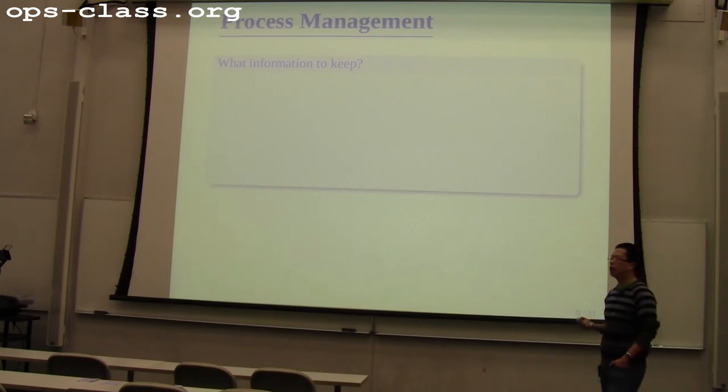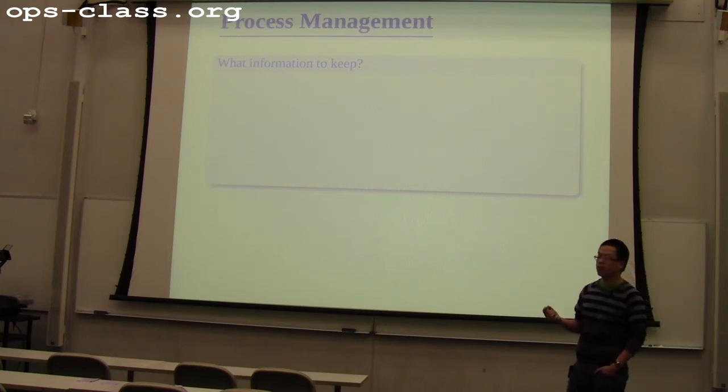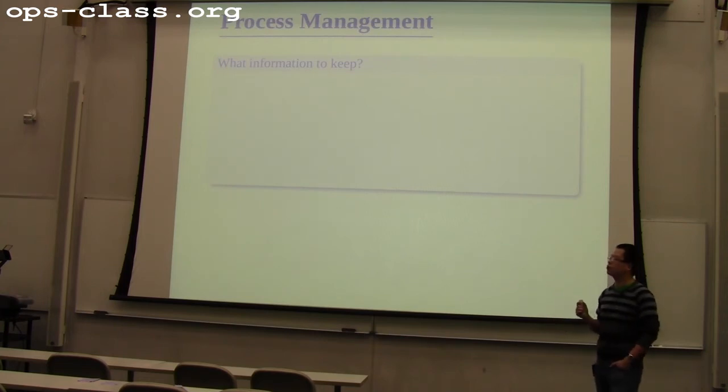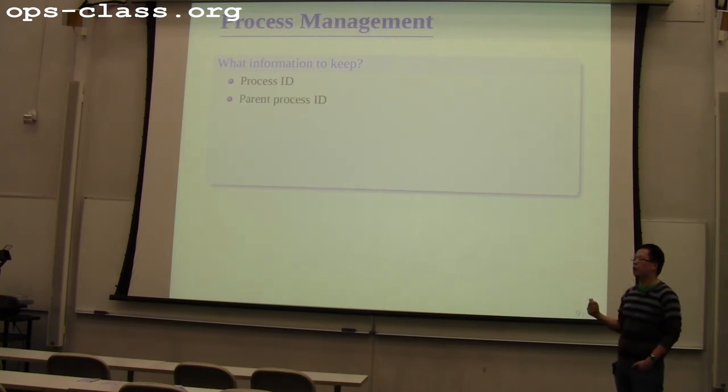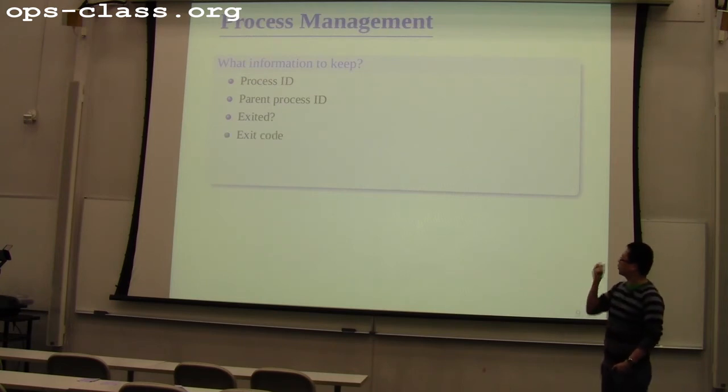So for the process syscalls, similar to the file table, you may want to maintain a system-wide process table. And each entry of the process table represents a process. So inside that process structure, you may want to record the process ID, and potentially the parent process ID of the current process. Has this process exited, and if it's exited, what's the exit code?